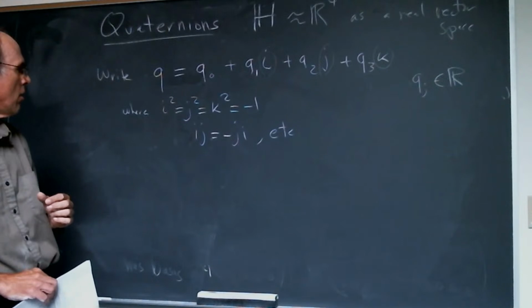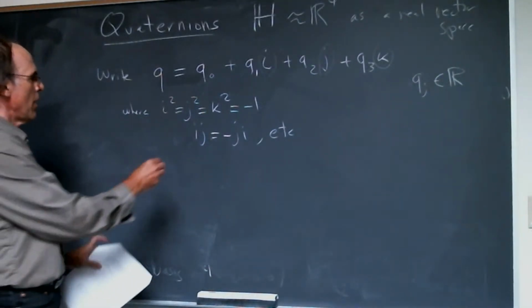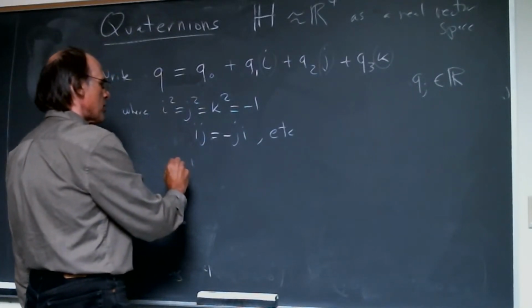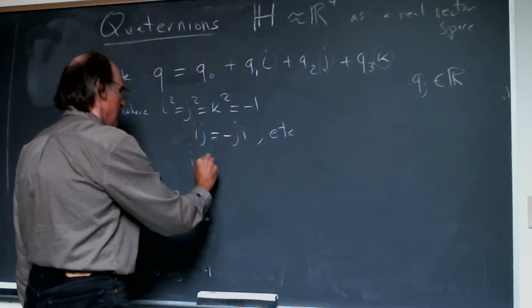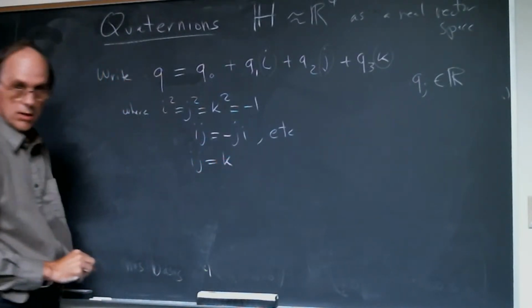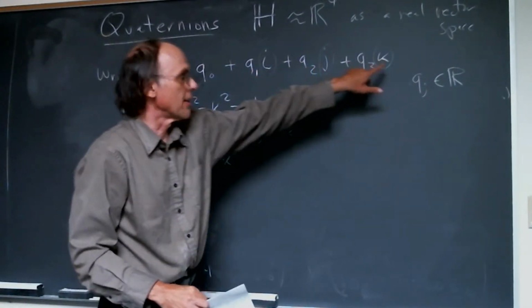It's true that ij is k. So if you multiply this guy times this guy, you get this guy.